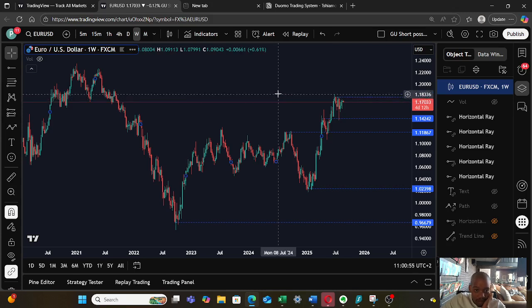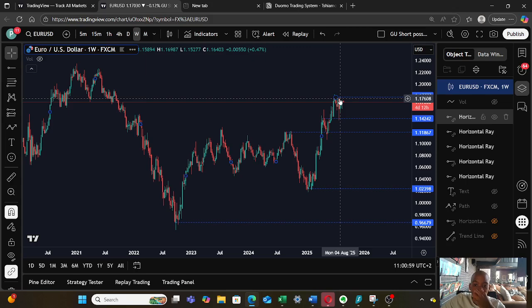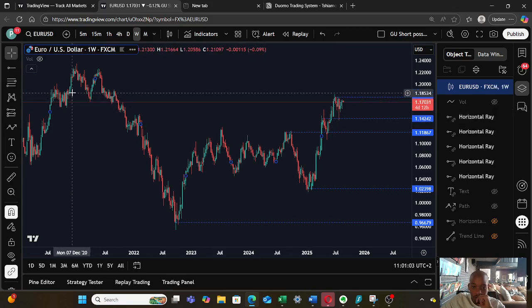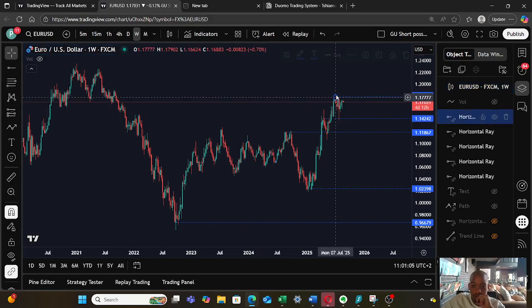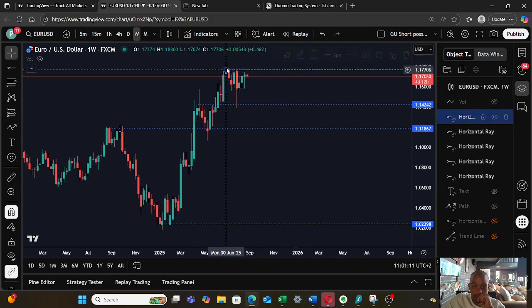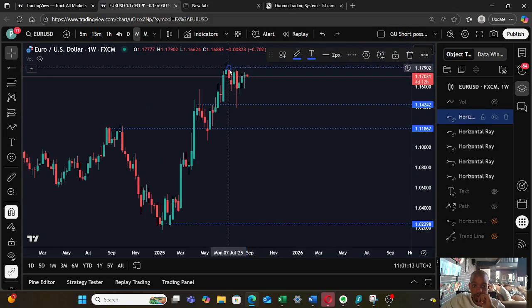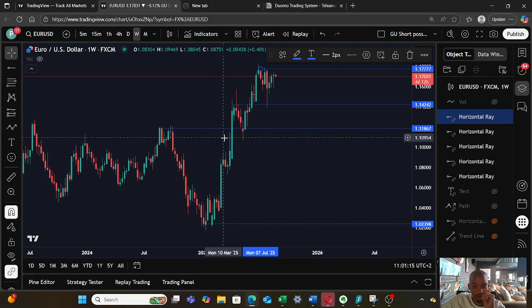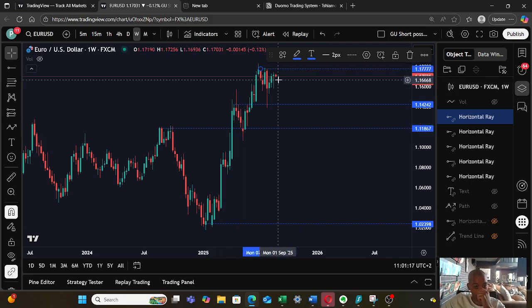But judging, none of these mappings shows us any sign of reaction in the past. So I'm just going to keep it at the body of the candle, seeing that we've had an interaction here already. But in future, we're just going to note that there's alternate mappings to the swing.